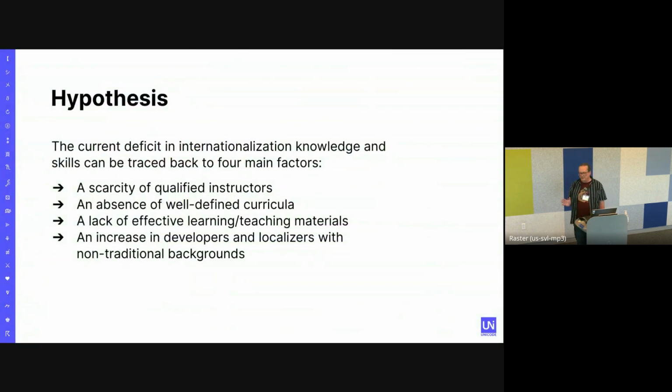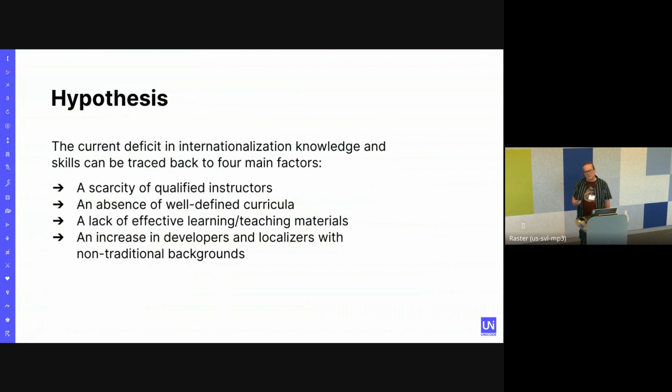Well, our hypothesis is that the current deficit in internationalization knowledge and skills can be traced back to four main factors. The first is that there's generally a scarcity of qualified instructors to teach internationalization. Most of them are in this room right now. There's also an absence of well-defined curricula for how to teach internationalization.